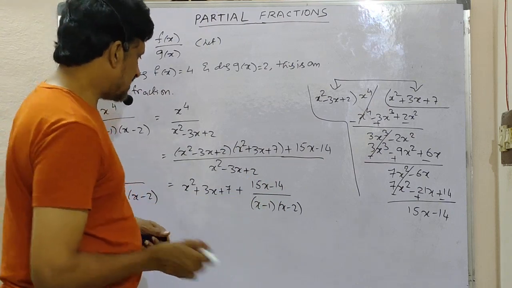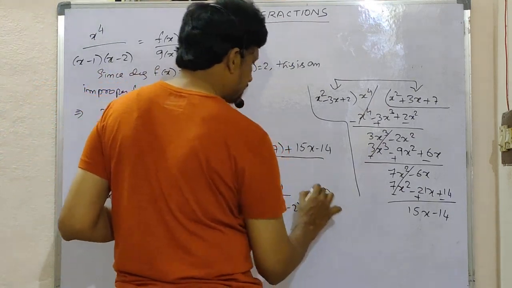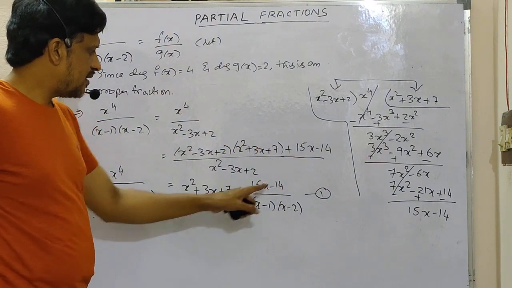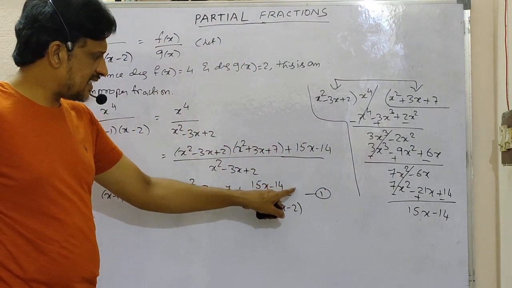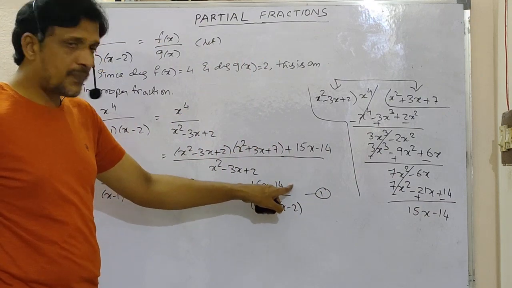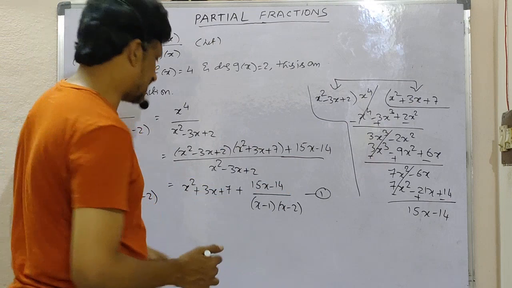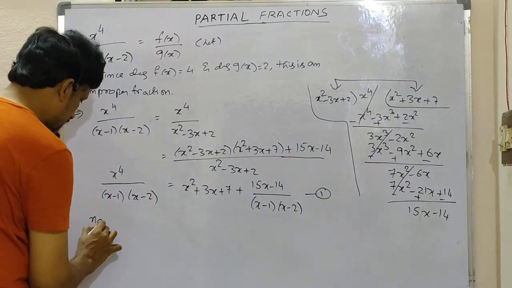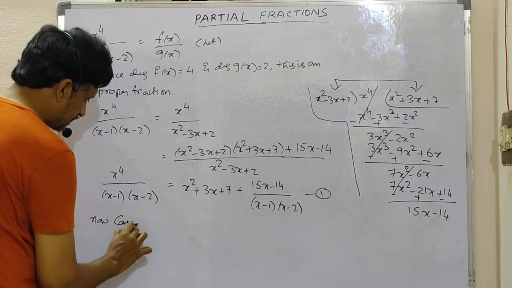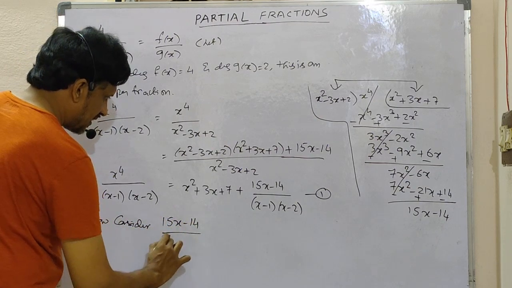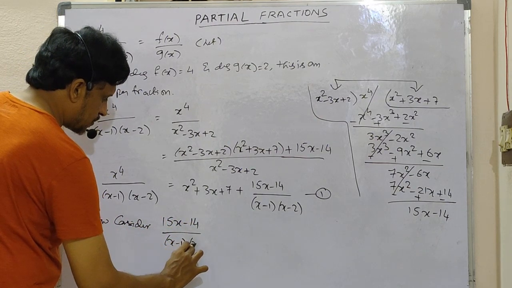Okay, now suppose this is equation number 1. Now the remaining is the same. If you observe this, consider this part, which is a proper fraction; you can write this as the sum of partial fractions. So now consider 15x minus 14 by x minus 1 into x minus 2.